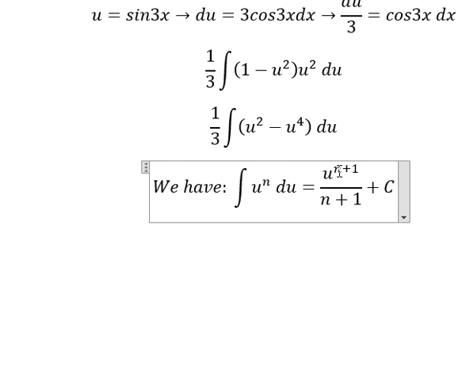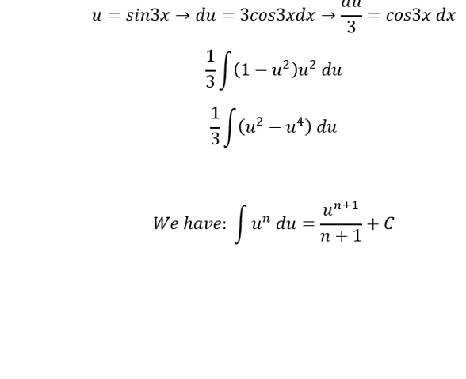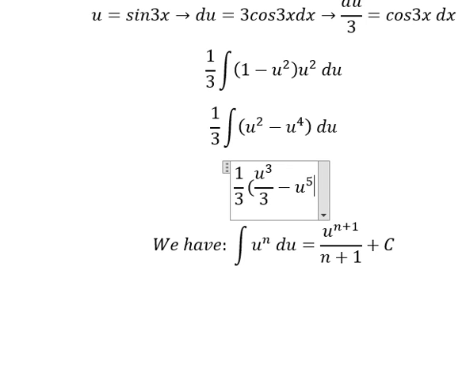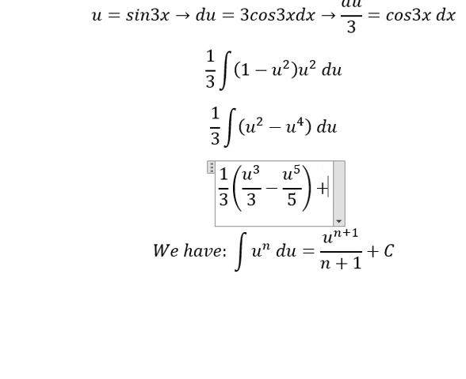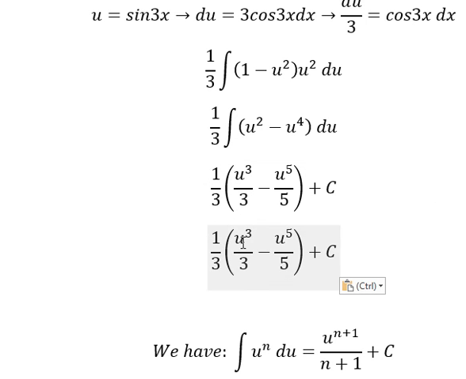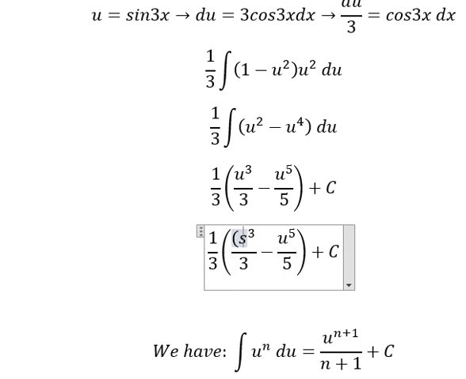Number 4 we put in here, so we have 4 plus 1, we have number 5. About u, we have sine 3x.